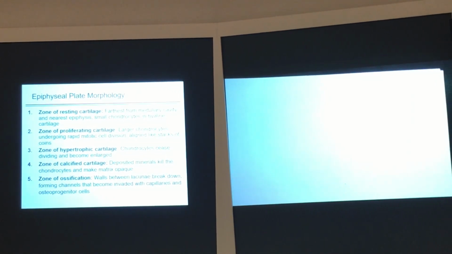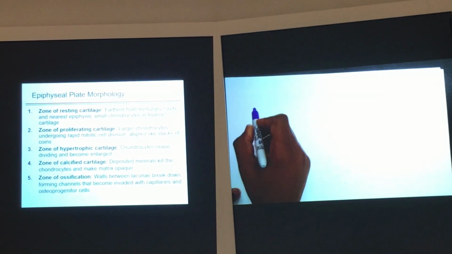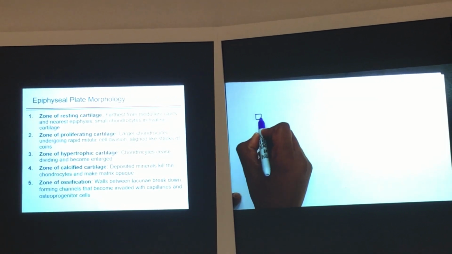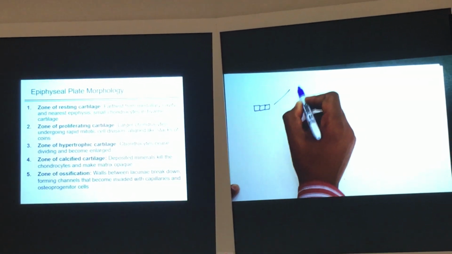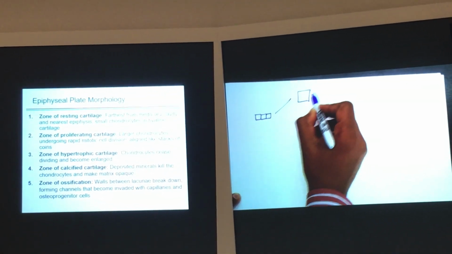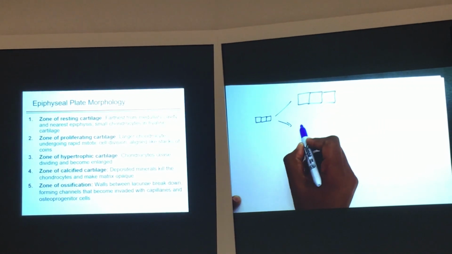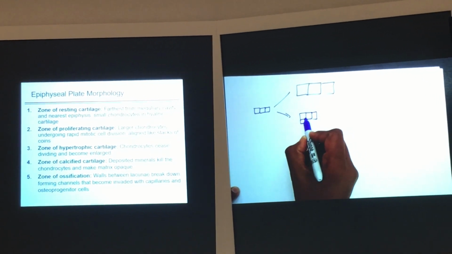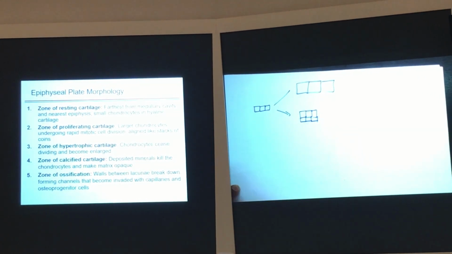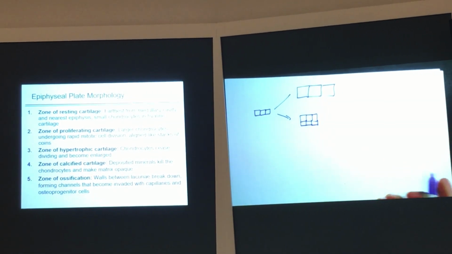And then hypertrophic cartilage. So let's say if you have a cell here, 1, 2, 3. It becomes 1, 2, 3. It becomes 1, 2, 3, 4, 5, 6. Both are 2 types of growth, right?